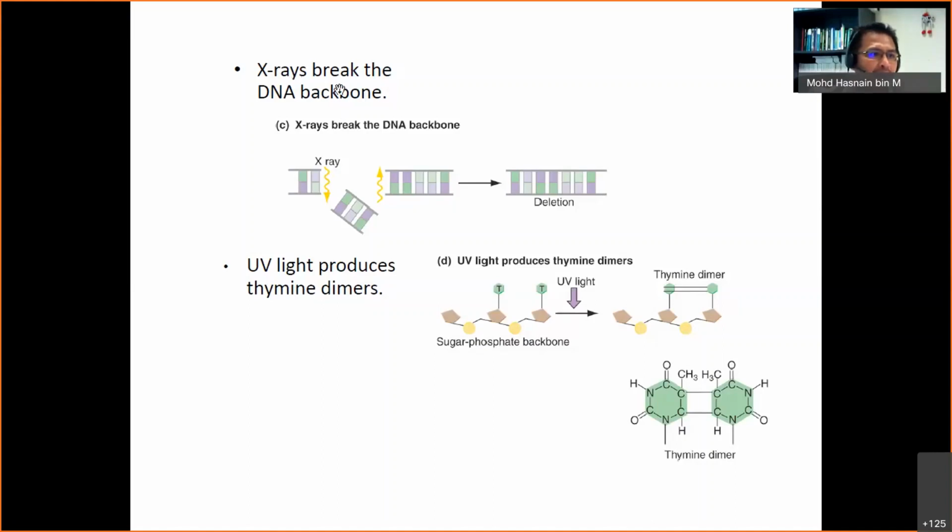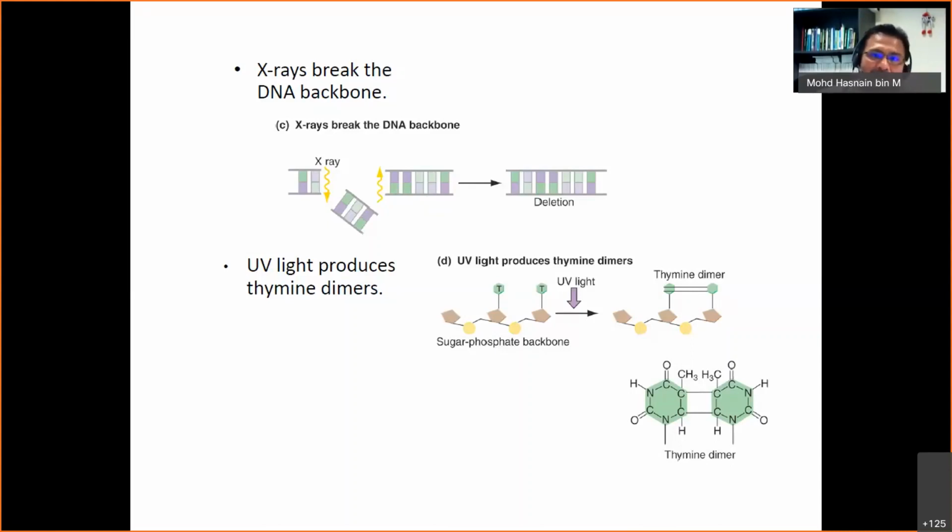X-ray breaks the DNA backbone. All right, so that is why when you go for an X-ray nowadays, it is quite safe, because they have already studied what dosage does not affect the cells.